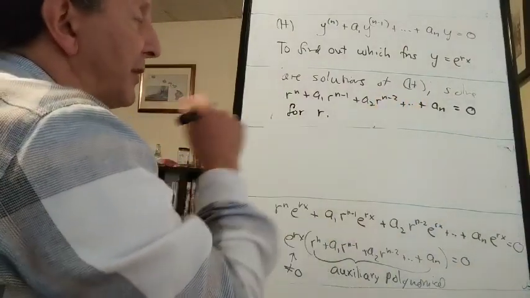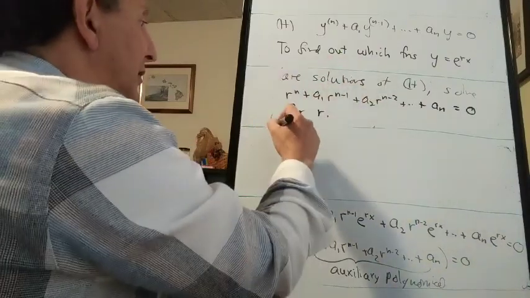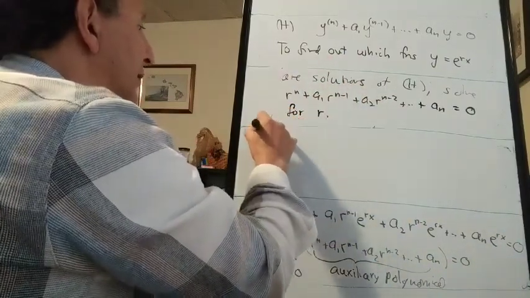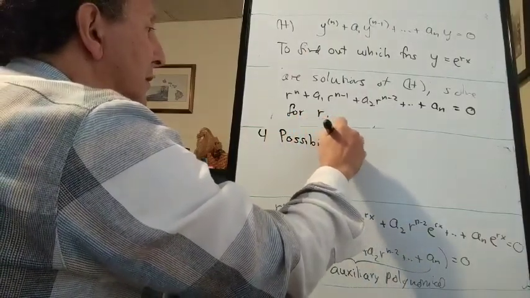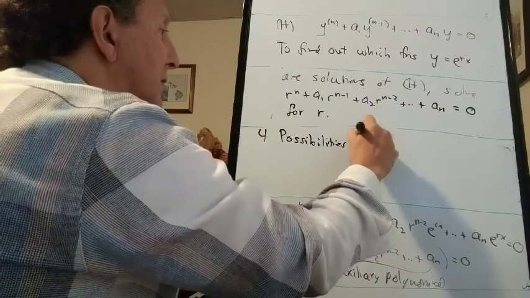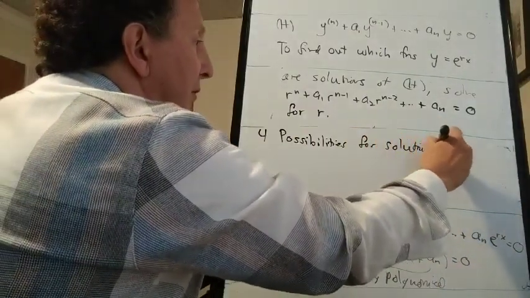Now there are a couple different things that could happen. This could have n different solutions. So there are 4 possibilities for solutions.